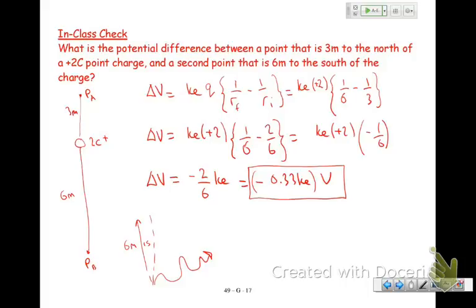Question: how are we going to know exactly which one's going to be point A and which is going to be point B? I got to tell you, this says potential difference between a point. That's an interesting point. "Between a point," which is common parlance, doesn't tell you which way you're going. So I can get around that by saying, what is the magnitude of?